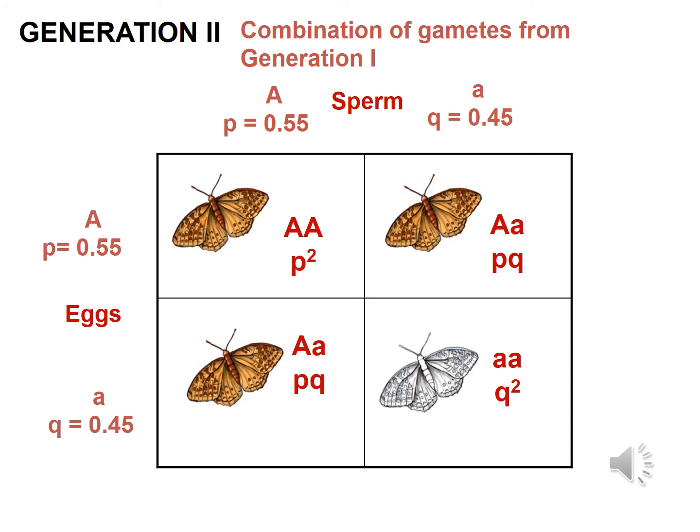Once a dominant allele combines with another dominant allele from a different gamete, it produces one homozygous dominant individual, which represents p squared. Next, when one dominant allele combines with one recessive allele, it produces two heterozygous individuals representing 2pq. When a recessive allele combines with another recessive allele, it produces one homozygous recessive individual representing q squared. So, from here we can conclude that p squared plus 2pq plus q squared is equal to 1.